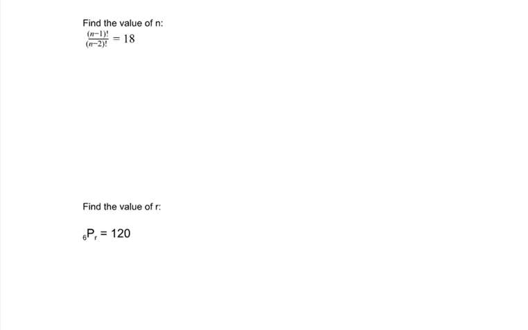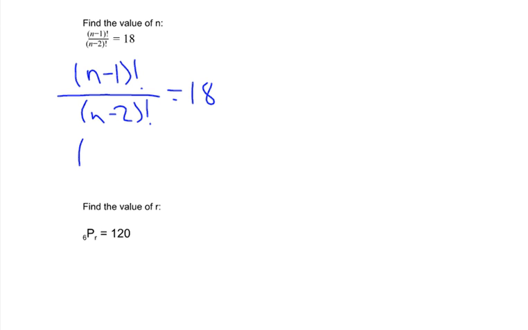Now this one looks more complicated, but it is a pretty simple question. We know that we have n minus 1 factorial over n minus 2 factorial equals 18, right? So how can we simplify this? Good, thank you.